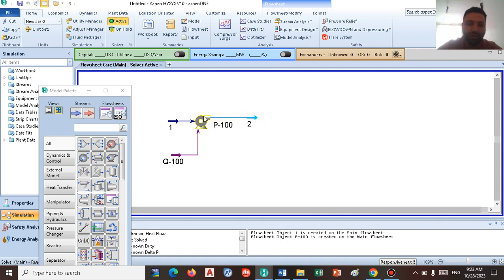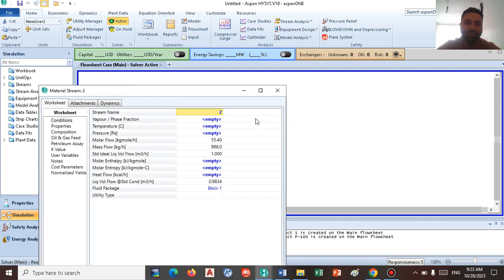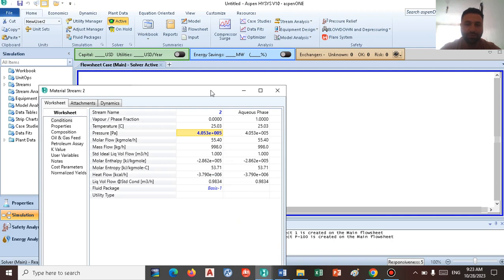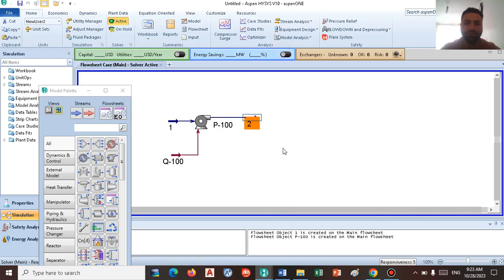But the yellow line around the pump shows that this pump does not run. Go to the outlet stream and insert 4 atm pressure for the pump to run the simulation.